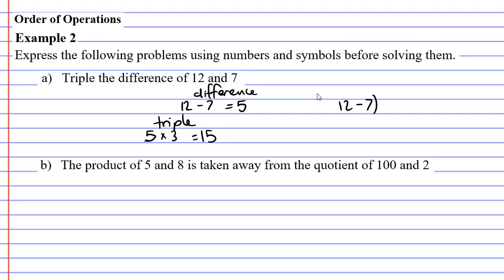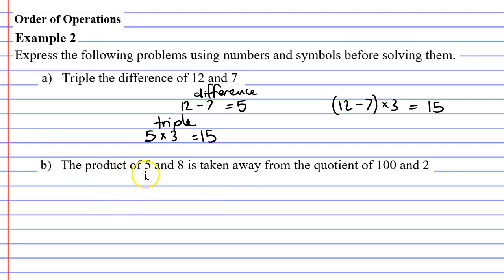Now, I really need to put this in brackets before I times by 3, because according to the order of operations, it will try to times it first, and we want to force it to subtract first. Okay, now this is actually solved now. This is my written problem written up using numbers and symbols, and then I'll write the solution, which is 15.